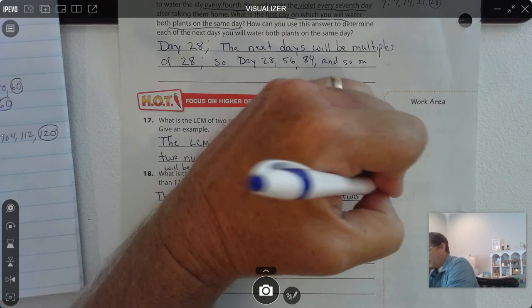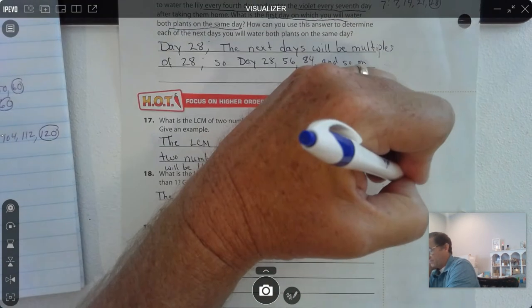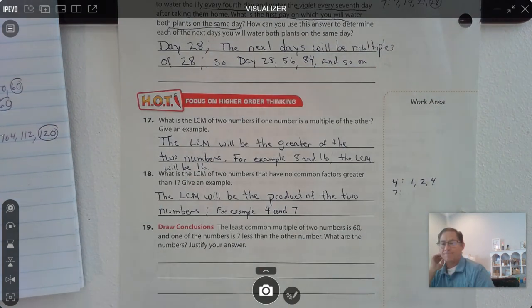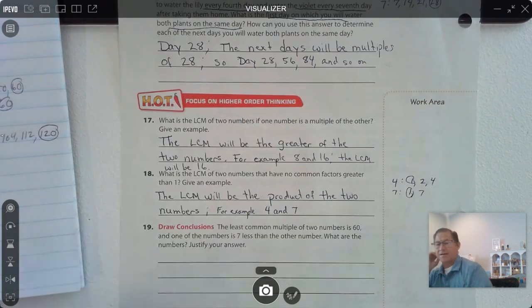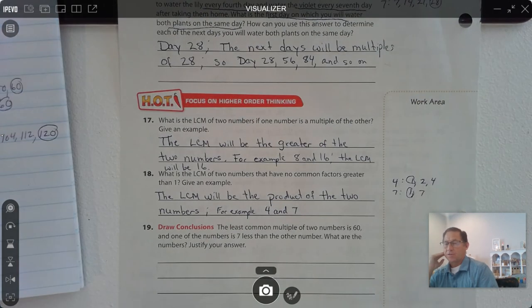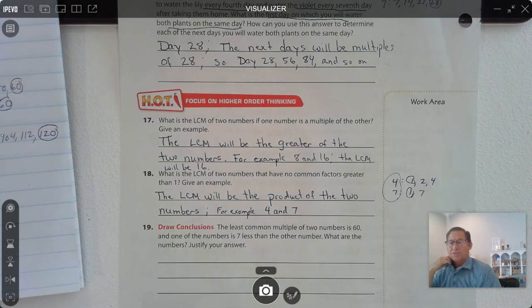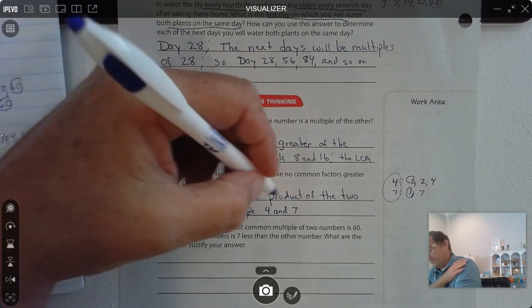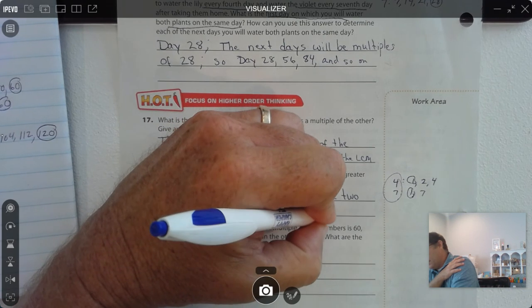If we look at factors of 4, we see that there's 1, 2, and 4, right? And 7 is just 1 and 7. So the greatest common factor is 1. So when the greatest common factor is 1, we can just multiply them together to find the least common multiple. So for example, 4 and 7 is 28.